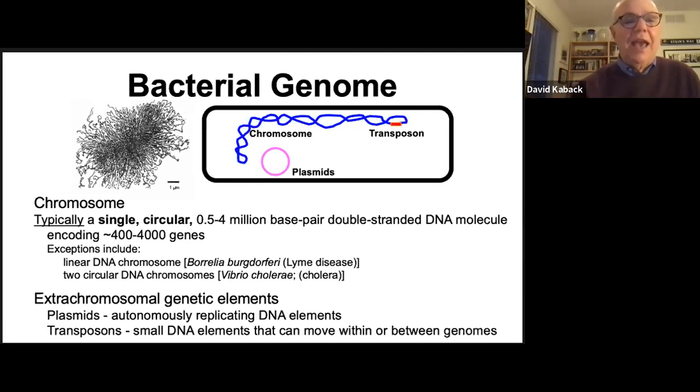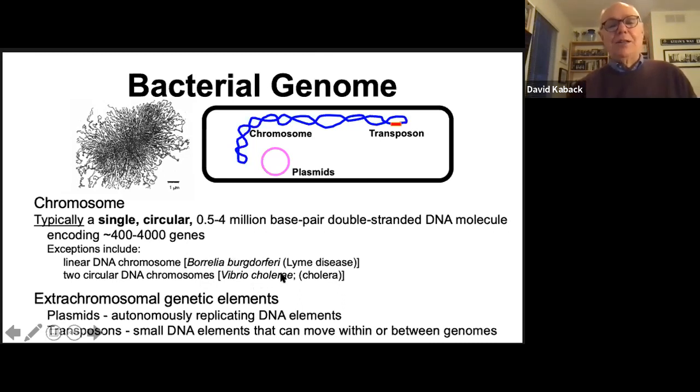Now, by the way, Borrelia, interestingly enough, has a linear DNA molecule as opposed to a circular DNA molecule. Just sort of an interesting curiosity. And its plasmids are also linear. That's kind of an interesting anomaly that we find.